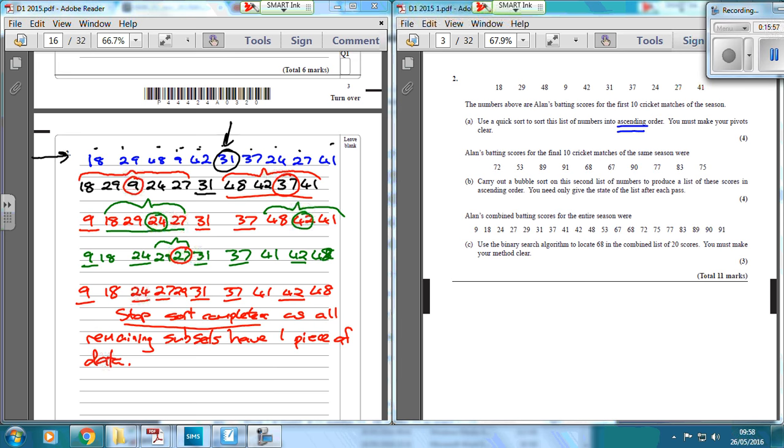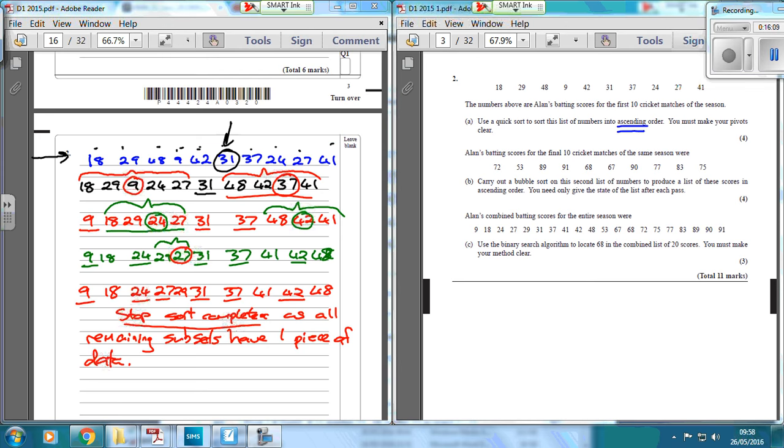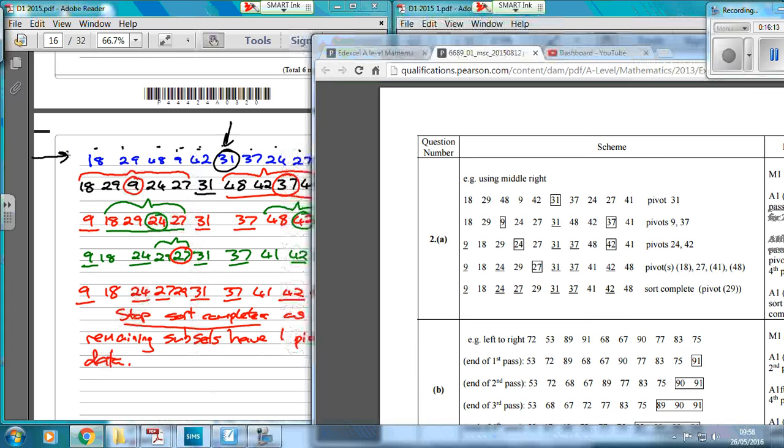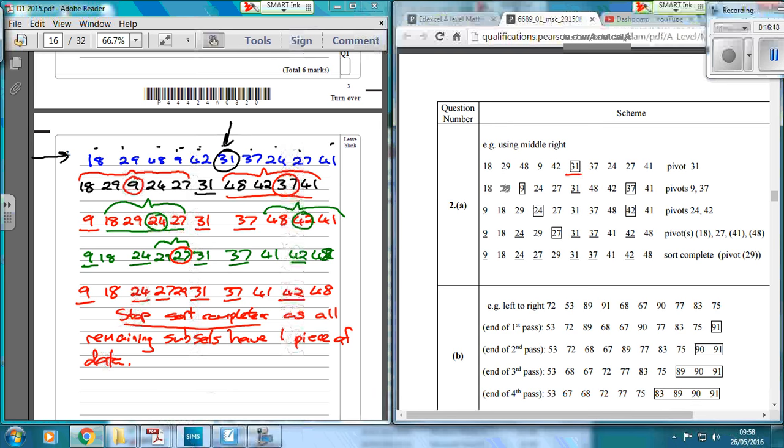Alan's batting scores for the final 10 cricket matches of the same season were this here. We've got to carry out a bubble sort now. So let's do the same. Oh, sorry, if we just compare this to the mark scheme, just to make sure I haven't made any mistakes. So the first one was 31, and then they've underlined 31, and then they've chosen 9 and 37 as the next pivots. They've then underlined 9, 31 and 37 as the previous pivots, and they've chosen 24 and 42.